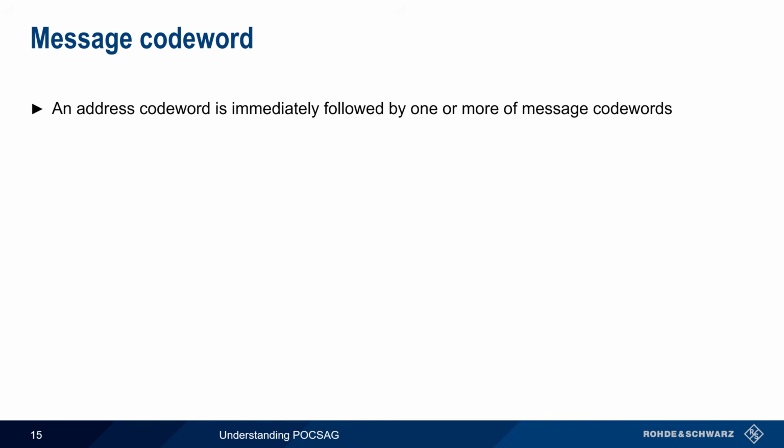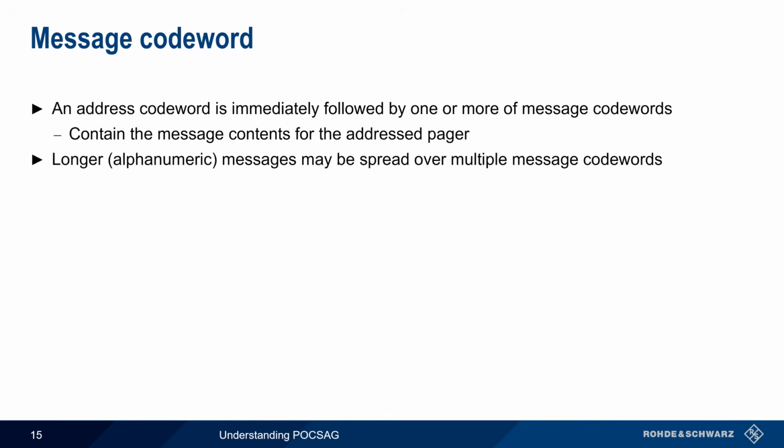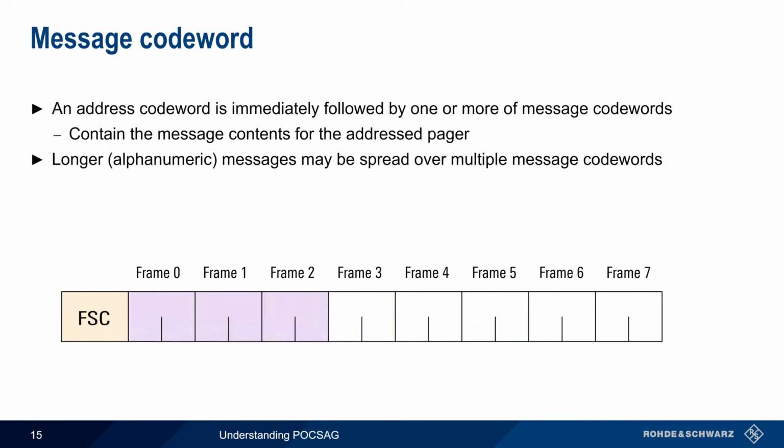Every address codeword is immediately followed by one or more message codewords, and these message codewords contain the message content for the addressed pager. If a message is too long to fit in a single word, the message may be spread over multiple codewords, and even over multiple batches. For example, this batch contains 4 messages.